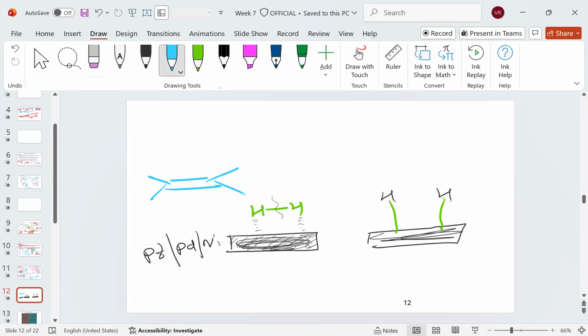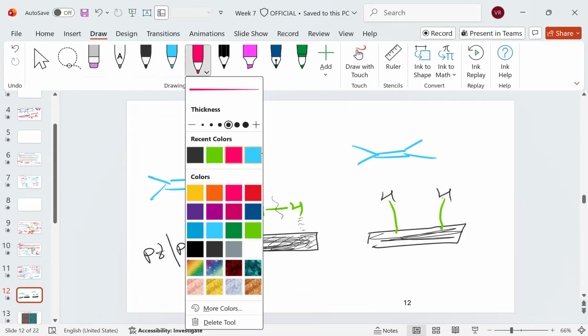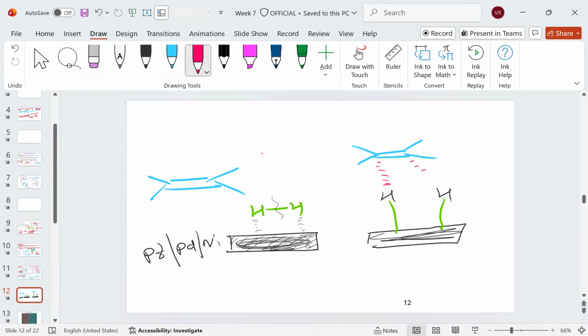Now when this olefin comes in contact with these hydrogens, it will form a coordinate bond, and then we get the product in which you can see the new hydrogens will be on the syn side.